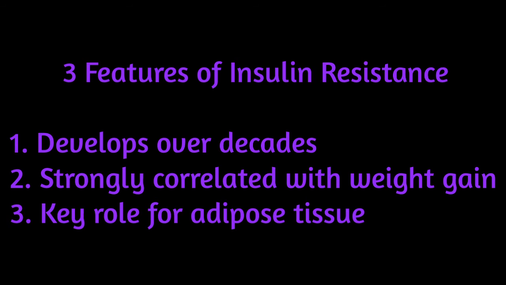The first one is that insulin resistance may take several decades, 2 or 3 decades, before it develops and before its effects lead to the metabolic changes that are evident in the bloodstream. These changes are typically hyperglycemia and dyslipidemia.